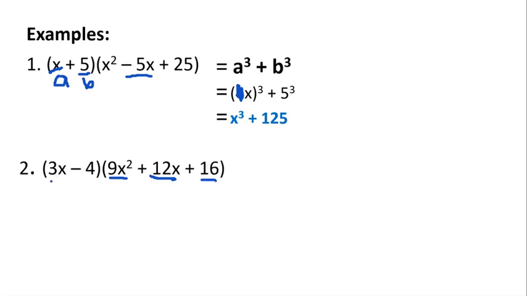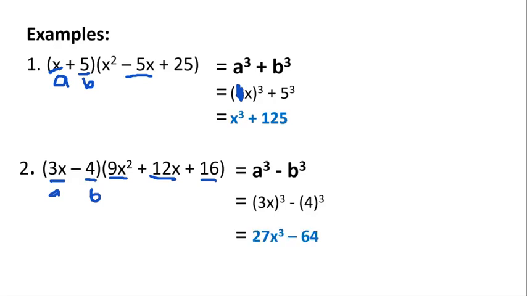And therefore, we will use the pattern a cubed minus b cubed. And our a is 3x. Our b is 4. So again, you can identify the values of the a and b doon sa binomial. Now, we have here, substitute natin value ni a, 3x cubed minus 4 cubed. 3x cubed is 27x cubed.